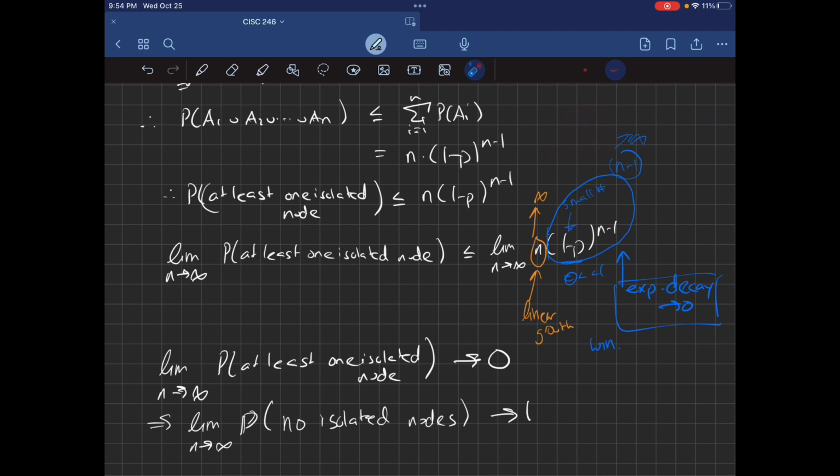Because it's an upper bound, this may be greater than 1 sometimes, depending on the values. But know that for n big enough, this eventually will become smaller than 1, and actually it goes towards 0.